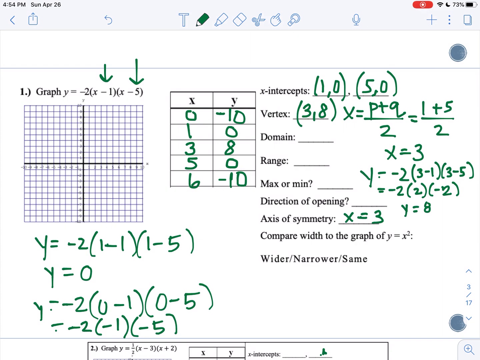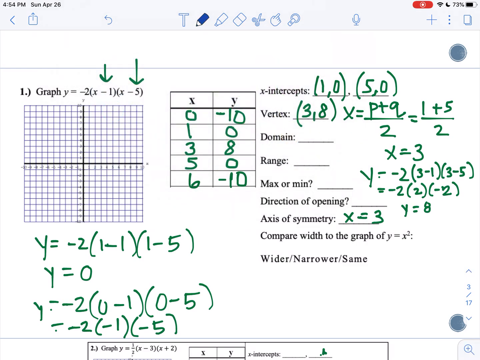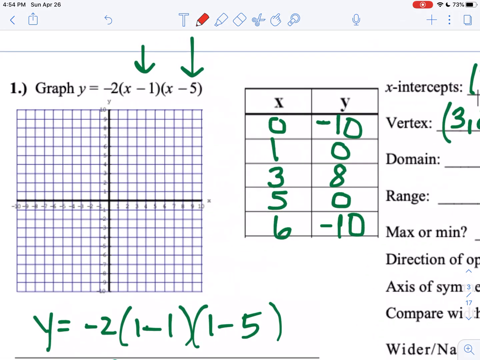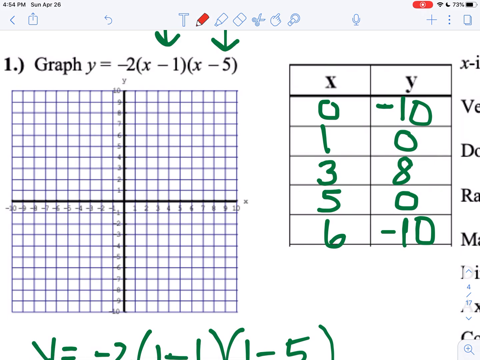Once you have your table of values filled in, this is where you will want to start graphing. So I'm going to change this just a little bit, and we're going to graph. Let's graph in red. I'm going to zoom in so I get a better opportunity to graph this. I'm going to start by graphing (0, -10) and (1, 0).